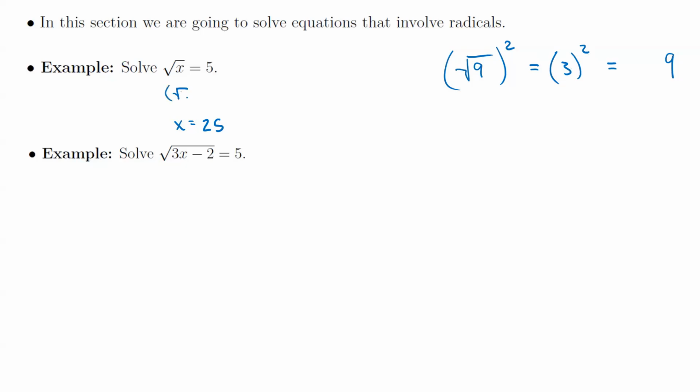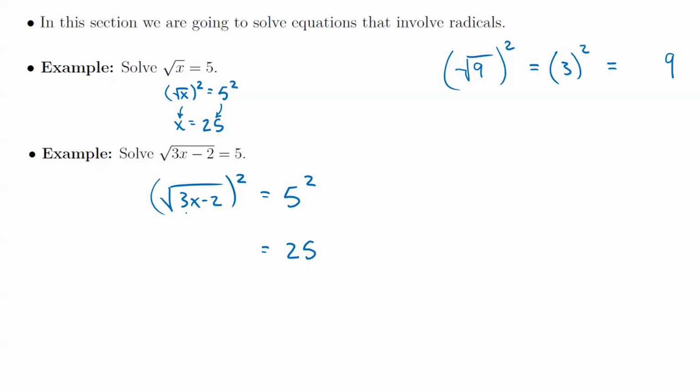So the square and square root can eliminate each other. And so the more systematic approach here would be to say, let's go ahead and square both sides of the equation. On the left side, you're just left with x, and then of course on the right side, you square 5 and you get 25. So that's how we're going to start these problems in general: if we've got the square root isolated on one side, then I can square both sides of the equation. And in a problem like this, it works pretty much the same way.